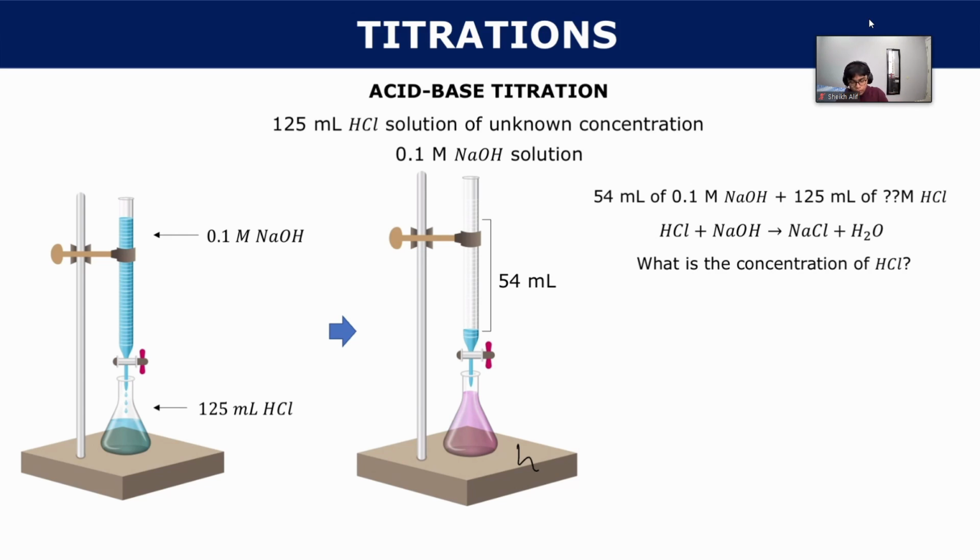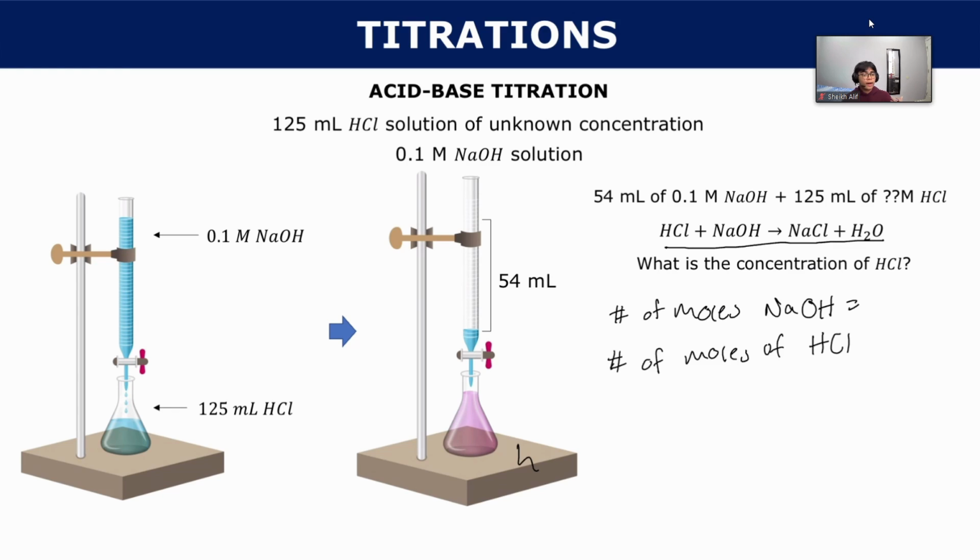The reaction tells us that hydrochloric acid and NaOH react in a 1-to-1 ratio. So for every mole of NaOH, we have the same number of moles of hydrochloric acid. The number of moles of NaOH equals the number of moles of HCl. How do we figure out the moles of NaOH?